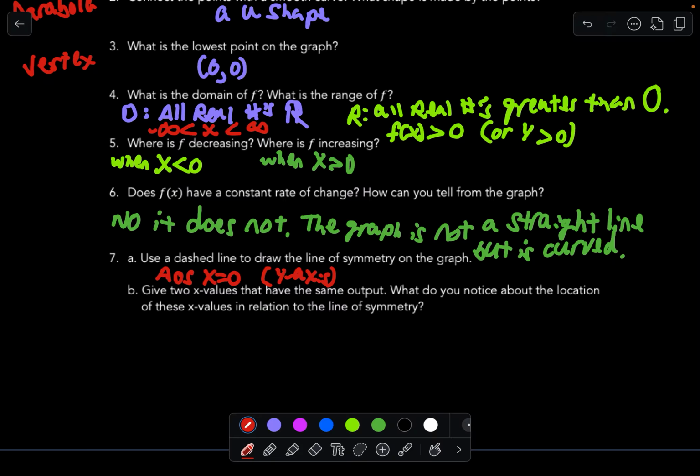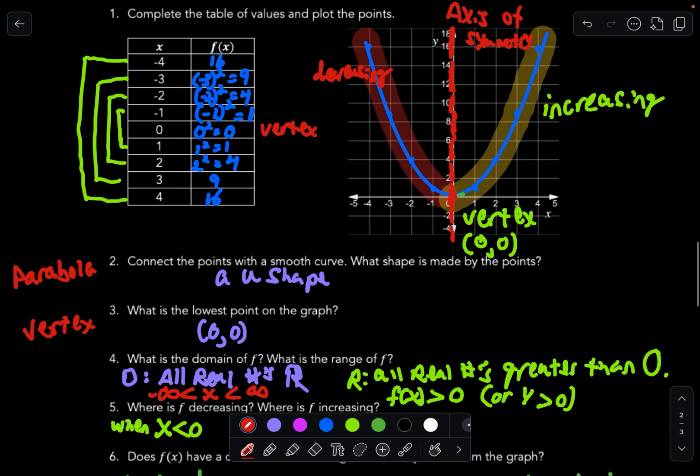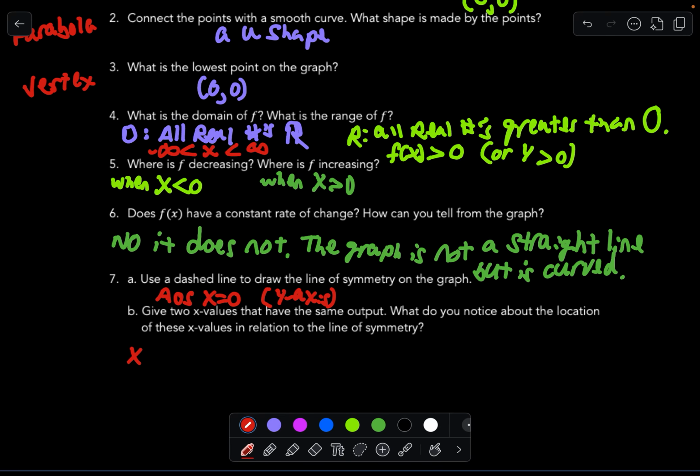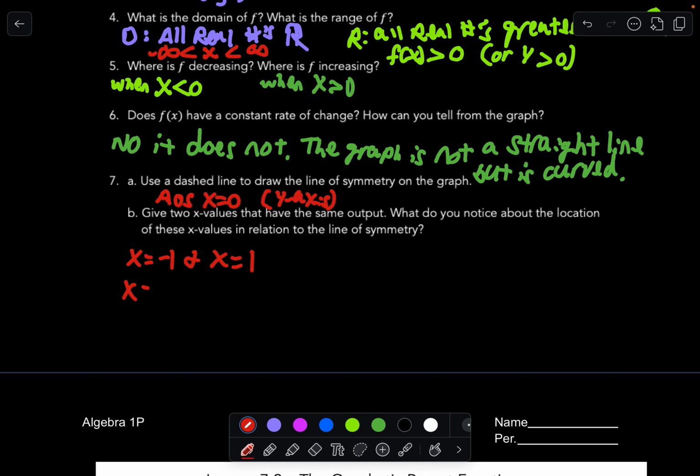Give two x values that have the same output. What do you notice about the location of the x values? Well, that's pretty straightforward. Give two x values, so x equals -1 and x equals 1. x equals -4 and x equals 4. What do you notice about the location?